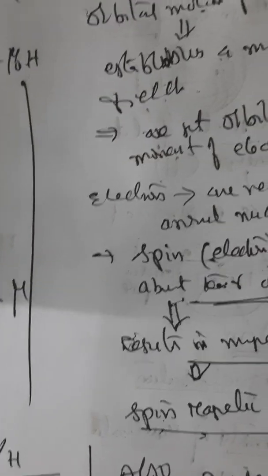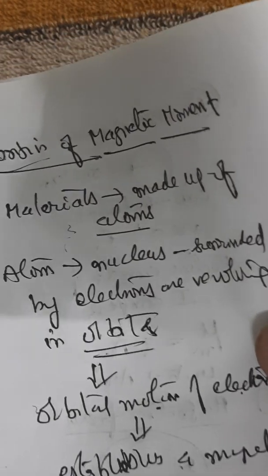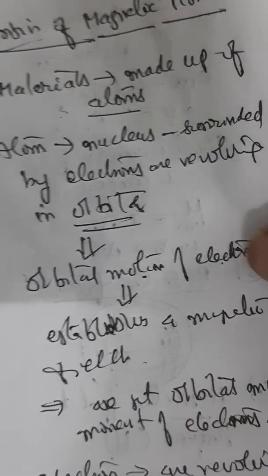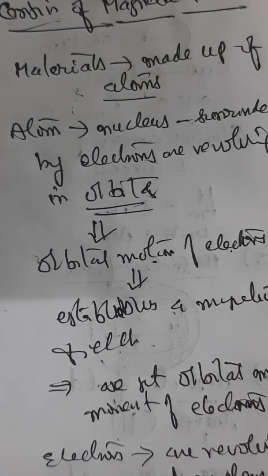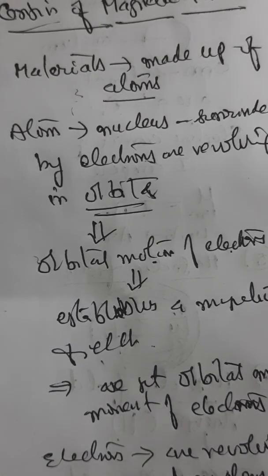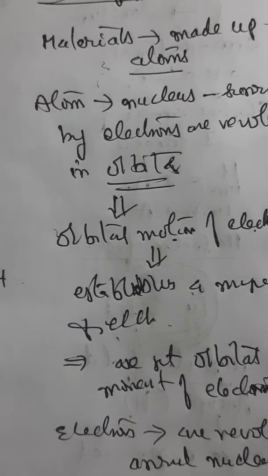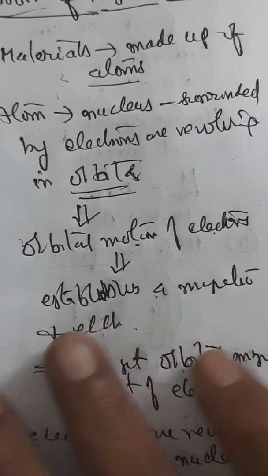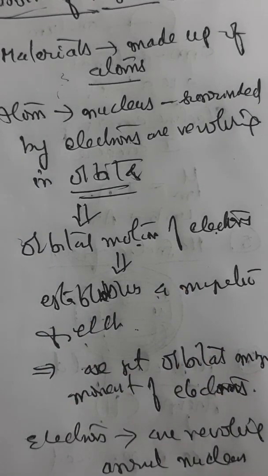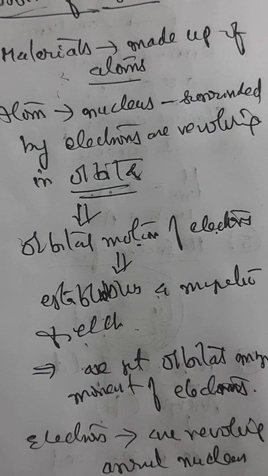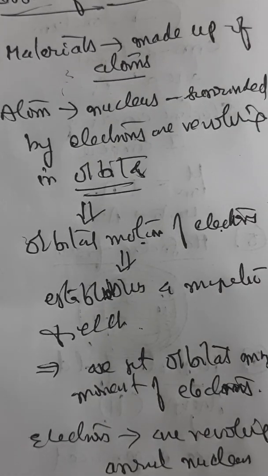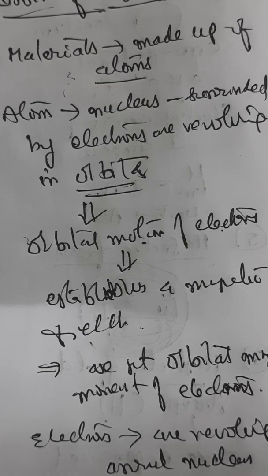So I am just summarizing the origin of magnetic moment. Carefully listen. We all know that materials are made up of atoms. Atom consists of a nucleus surrounded by revolving electrons in orbits. Because electrons are orbiting around the nucleus, there is a motion of electrons in the orbitals.